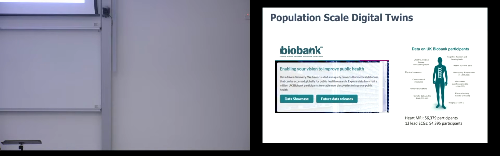The UK Biobank was 1 million people who went out and had a whole load of tests done on them, genetics, what have you. What's interesting for us is that about 50,000, up to 100,000 eventually, have had MRIs of their hearts, which is a relatively expensive procedure to have done. They also have had 12-lead ECGs, so 54,000 of those people have had ECG measurements. So there's lots of data there.